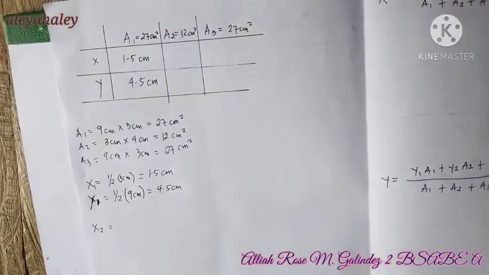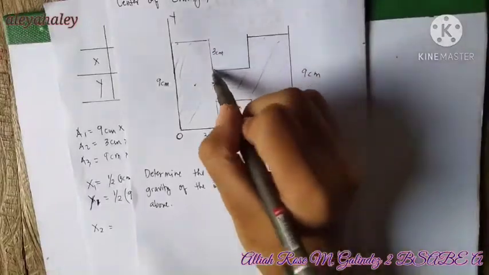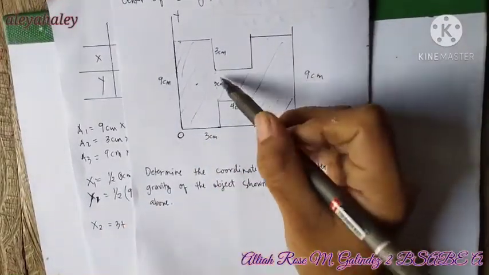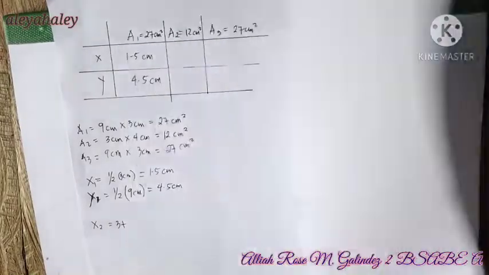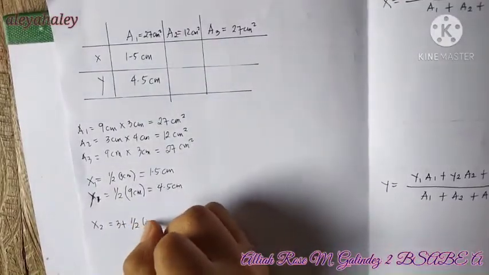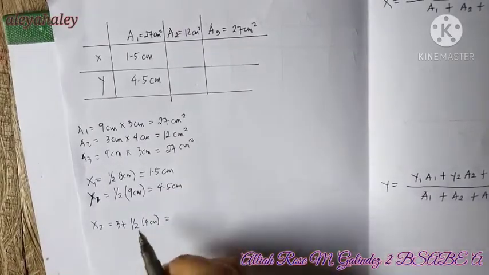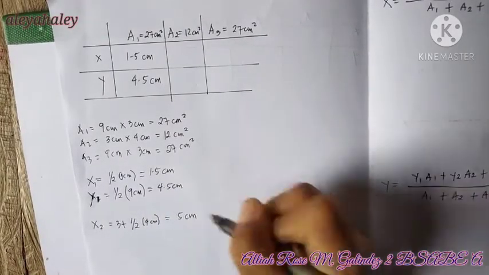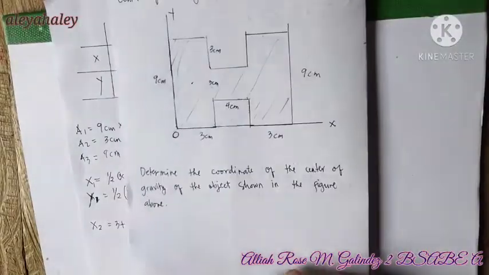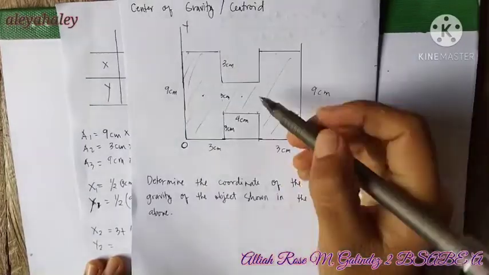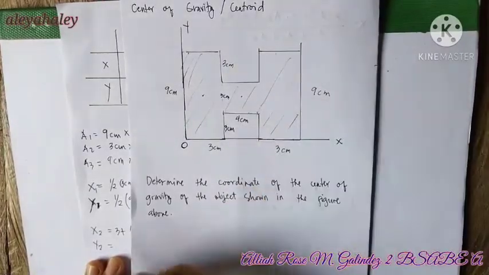For area for part 2, x2 is equals to 3 plus 1/2 of 4 centimeters. So this is 5 centimeters. To solve for the y coordinate of the area of part 2, we have to add this 3.